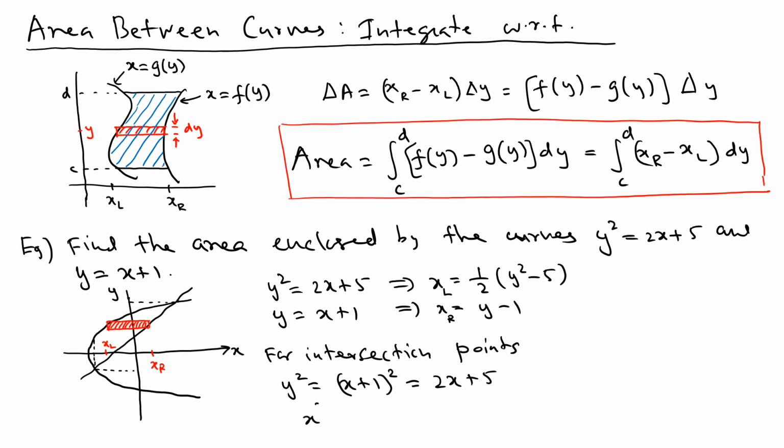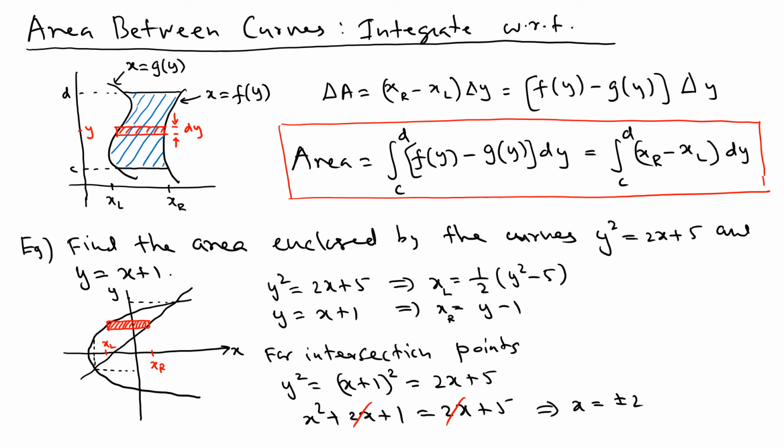You can see x squared plus 2x plus 1 against 2x plus 5, and the 2x gets cancelled. So that means x squared equals 4, so x equals plus or minus 2.